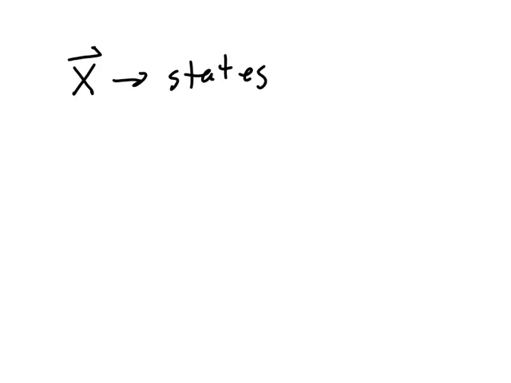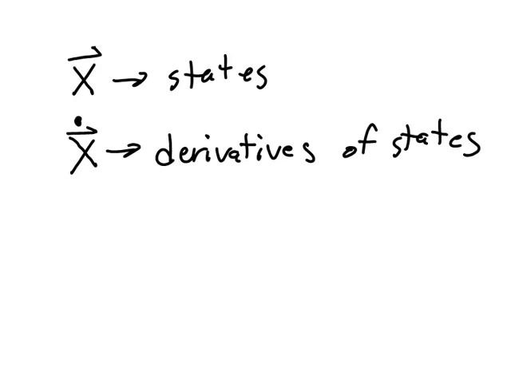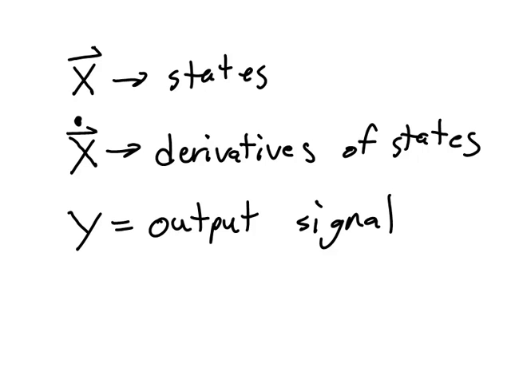Our state space representation will also be a function of the derivatives of the states, and we'll represent that like this. We'll also represent our output signal as y, and we'll represent our input signal as u.